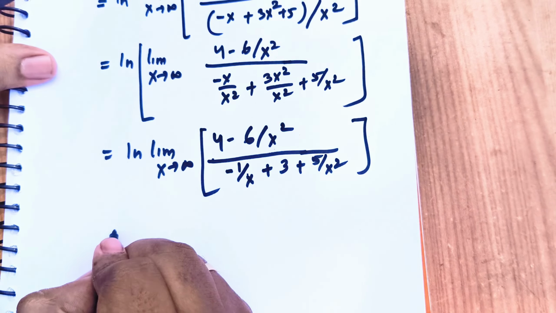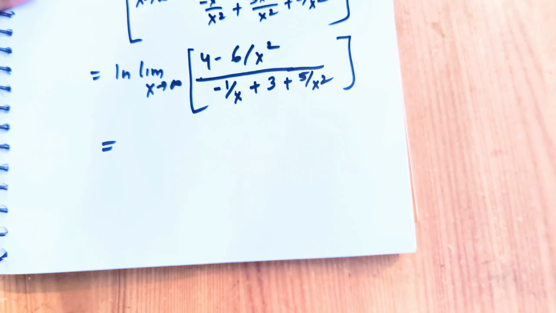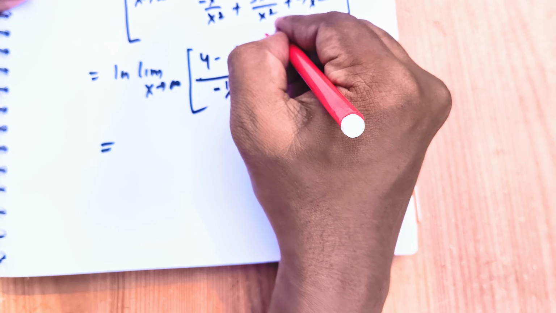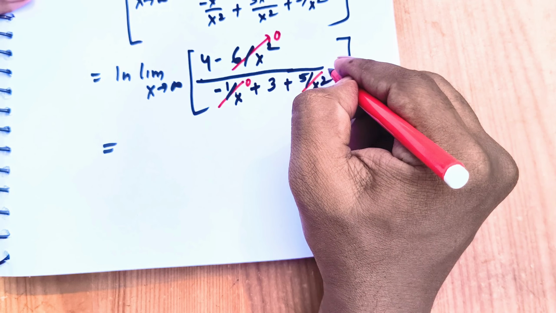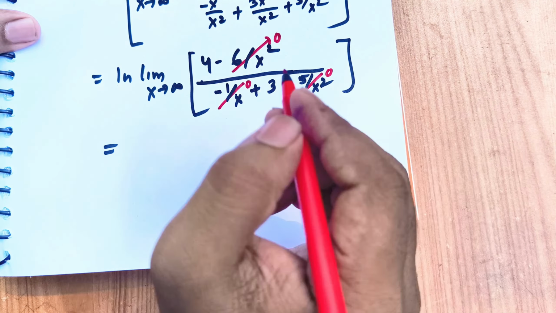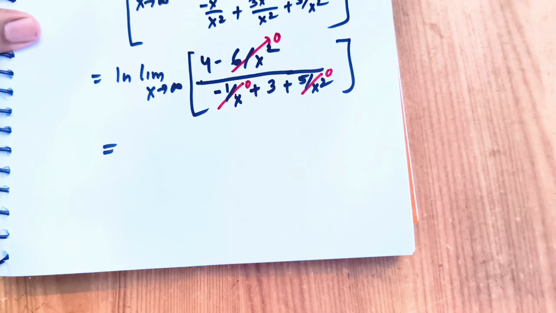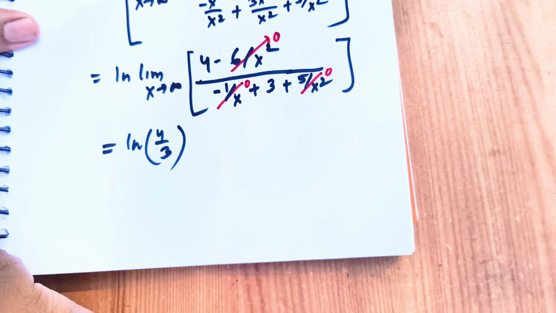And when x goes to infinity, this quantity will go to 0 because x square goes to infinity and that is in the denominator. This will also go to 0 and this will also go to 0. So you have 4 on top and 3 on bottom. So this becomes ln 4 over 3. This is our answer.